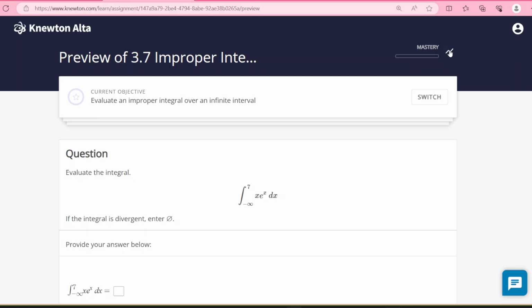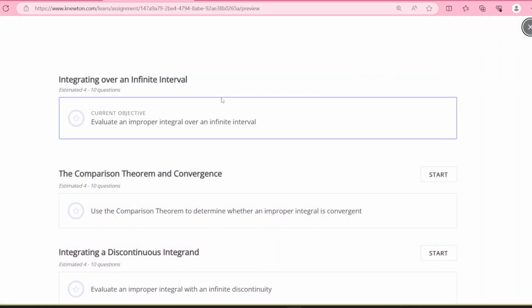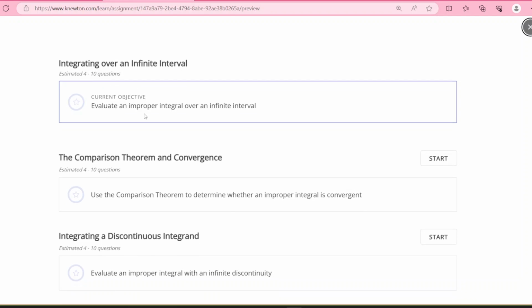Next to that, you have your activity log, which shows you all the objectives from the assignment. It looks like there are 3 objectives, and you can switch between bold-headed objectives by clicking on Start, and that'll take you to a different objective. If you happen to be really struggling on a particular one, you can move to another.